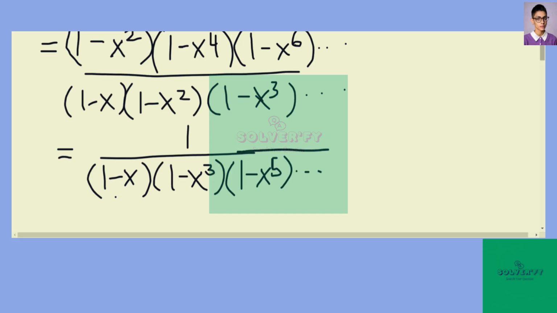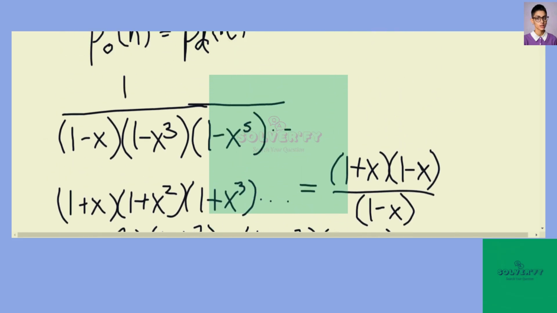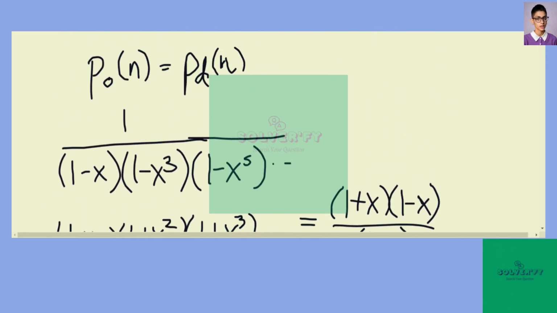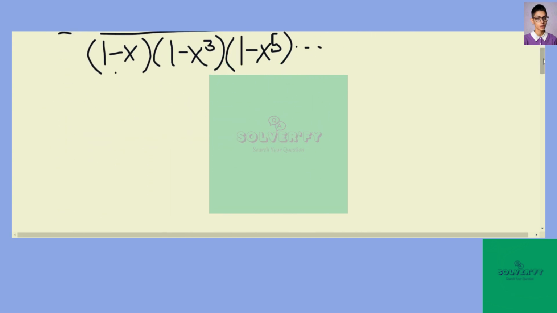You recognize that this is the same generating function for PO of n. And so it follows, since these two generating functions are equal, that their coefficients must be equal for each n. And so we have that PO of n must be equal to PD of n.